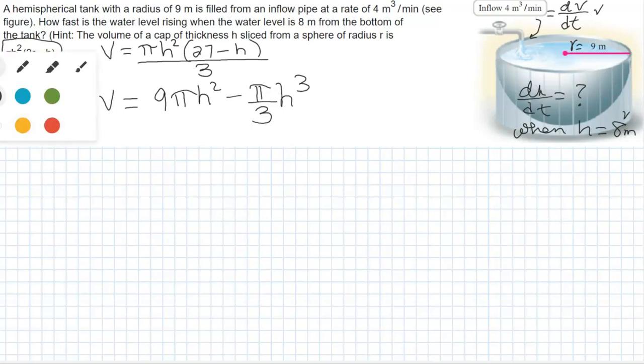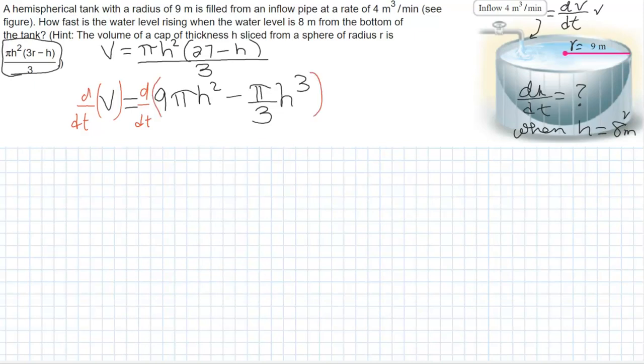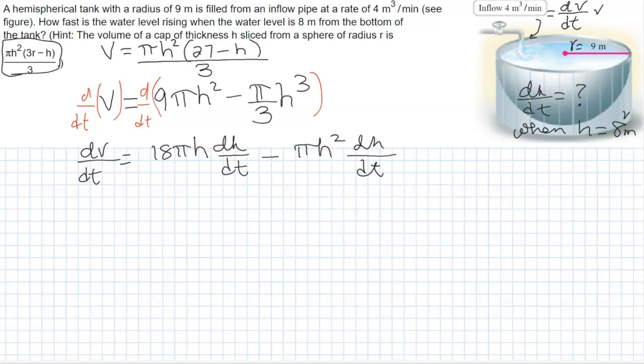We now take the derivative of both sides with respect to t. Then we have dV/dt equal to 18 pi h dh/dt, that's implicit differentiation, minus pi h squared dh/dt.